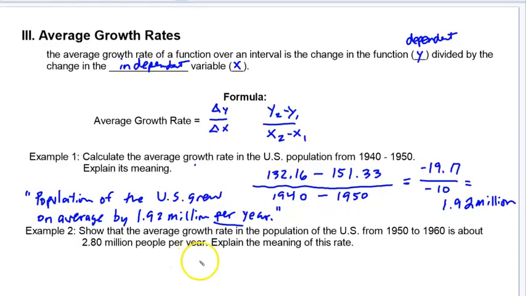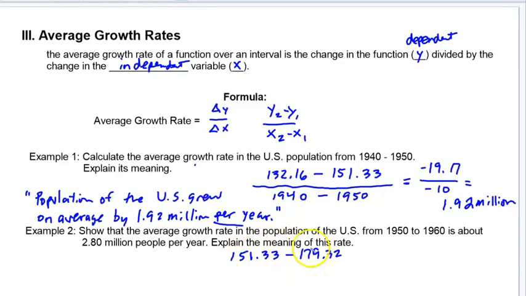All right, let's do another one. Show that the average growth rate from 50 to 60 is 2.8 million people per year. All right, so going back to our table, if you want to go back and look at that, in 1950, the population was 151.33 million. And then in 1960, it's 179.32 million.